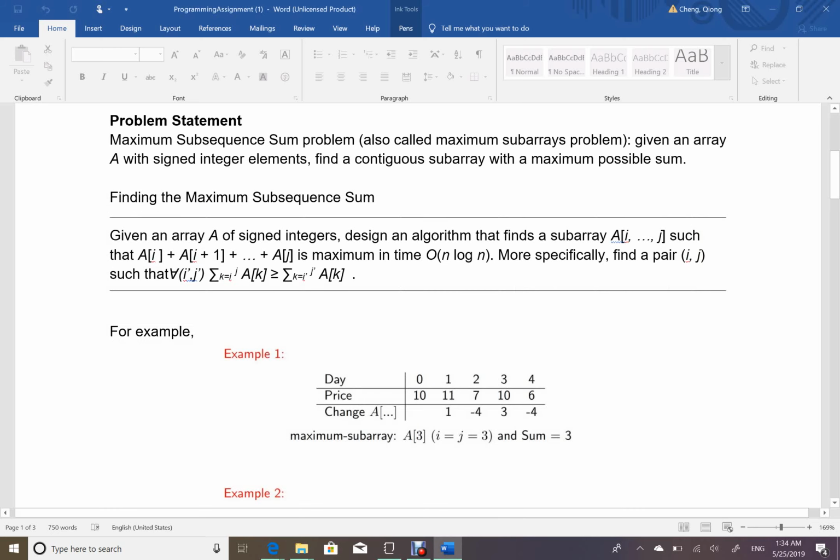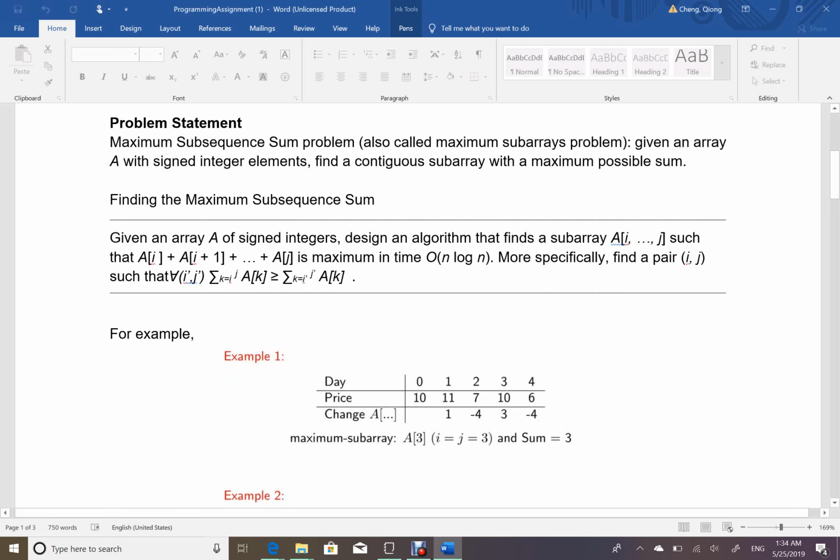Let's go back here. In this part, we give the formal description of this problem. Given array A of signed integers, design an algorithm that finds a subarray A_i through A_j such that A_i plus A_(i+1) through A_j is maximum, in O(n log n).